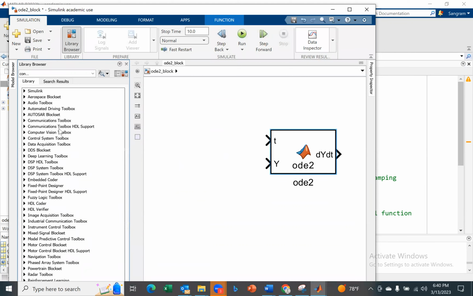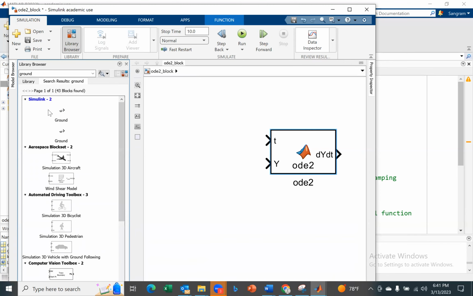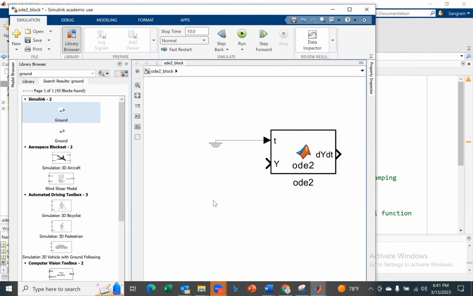And then go on to ground. So grab this ground from here, place this over here.